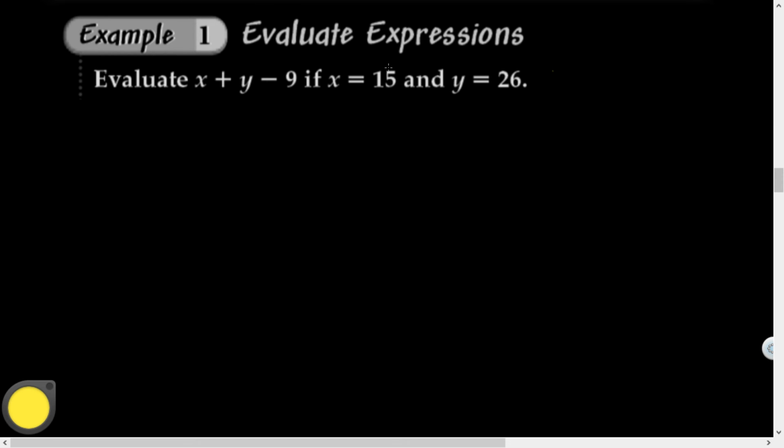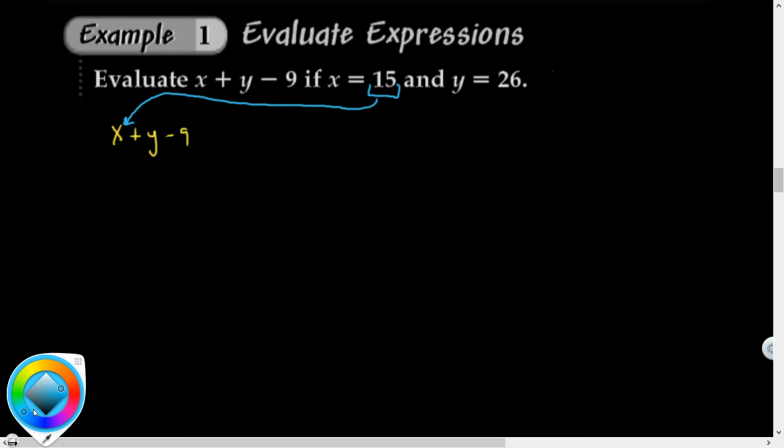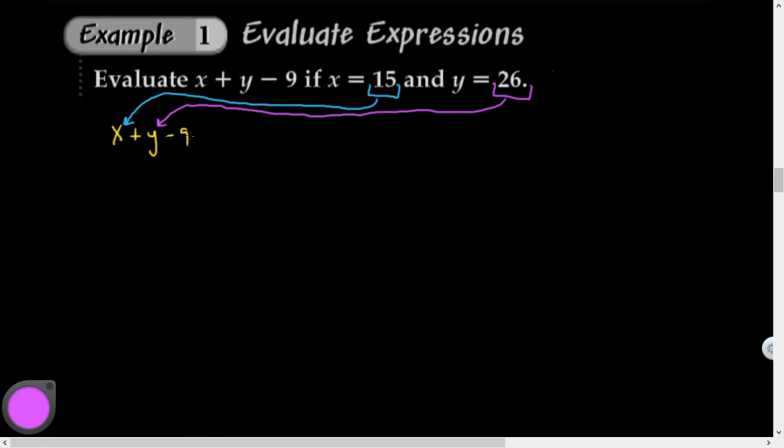It says evaluate expressions. Evaluate x plus y minus 9 if x equals 15 and y equals 26. If x is really equal to 15, that means I can replace x with 15, and if y is really equal to 26, I can replace y with 26.